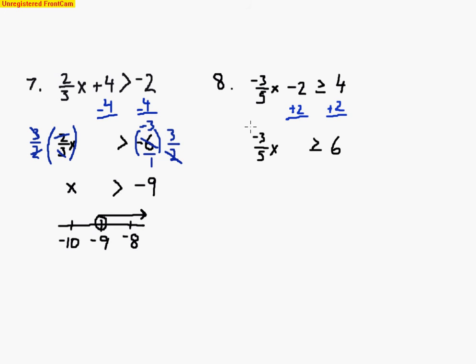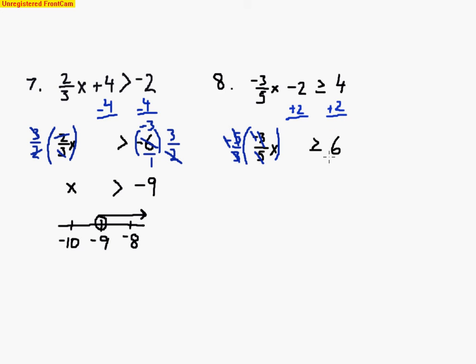So we're going to end up multiplying both sides by the reciprocal of the coefficient. Now it doesn't matter where that negative sign goes as long as it's there, because the negatives will cancel, the 5's will cancel, the 3's will cancel, and all we have left is x.